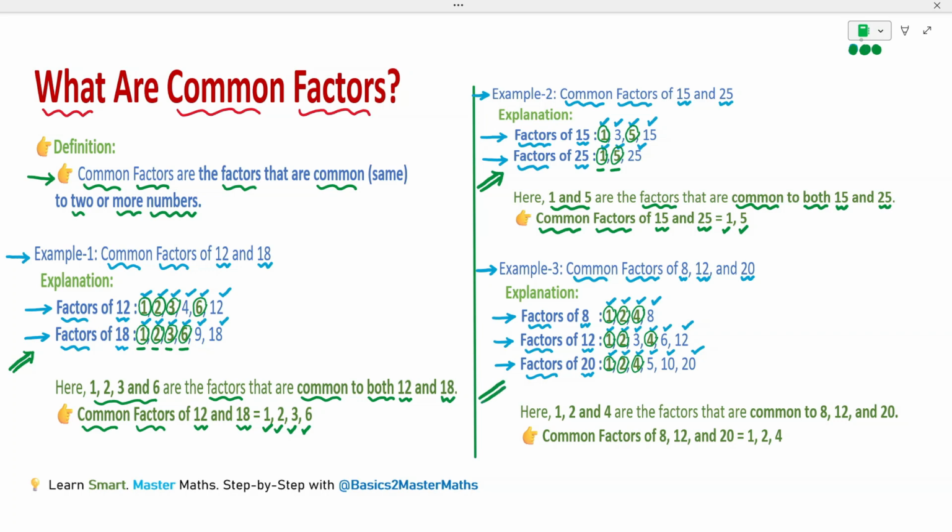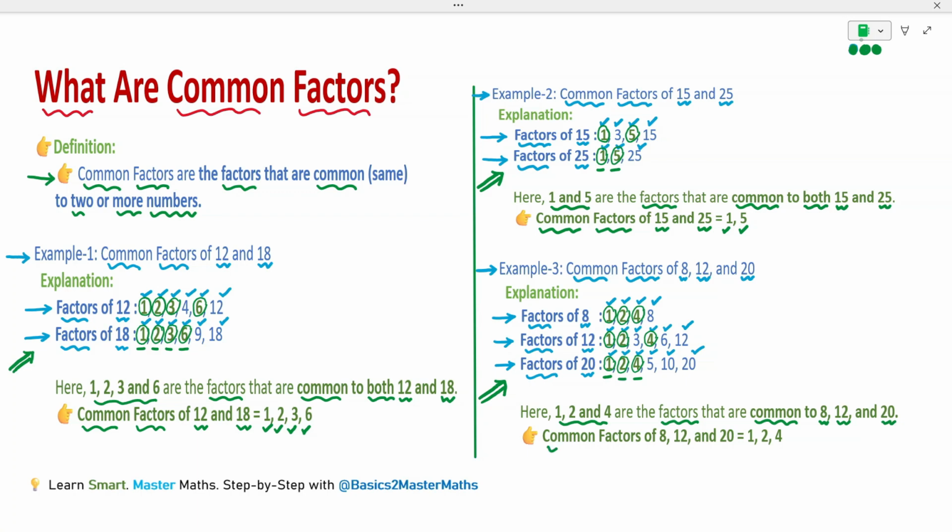Observe here. 1, 2 and 4 are the factors that are common to 8, 12 and 20.